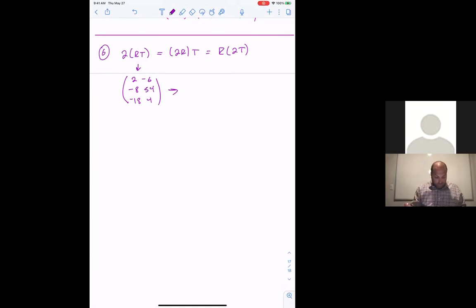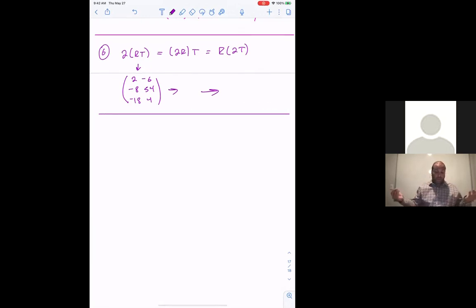Oh, the calculator won't let me do it. 2 times parentheses, let's see if this works, 2 times matrix C in parentheses, yep, that works too. The calculators are a little finicky. Sometimes it allows things, sometimes not. Have to play around with it more to see exactly what you can and can't do.